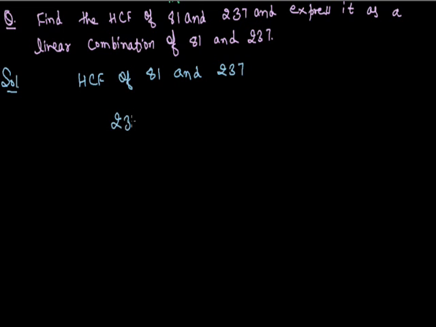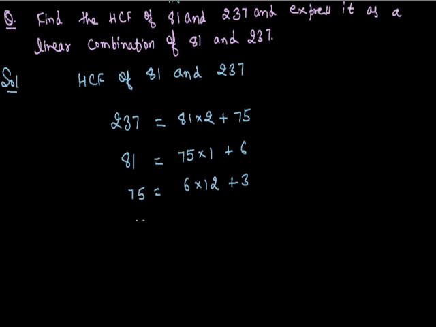So 237 can be written as 81 multiplied by 2 plus 75. Now 81 can be written as 75 multiplied by 1 plus 6. Now 75 is equal to 6 multiplied by 12 plus 3. So 6 equal to 3 multiplied by 2 plus 0. So in this step we have got 0. So the HCF of 81 and 237 is 3.